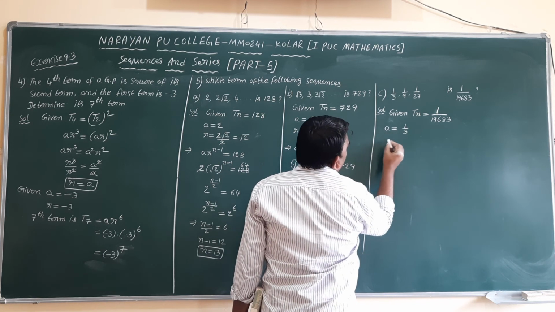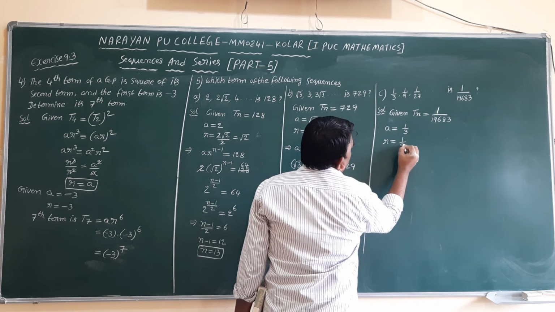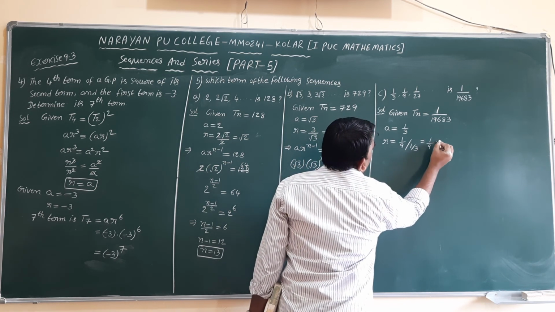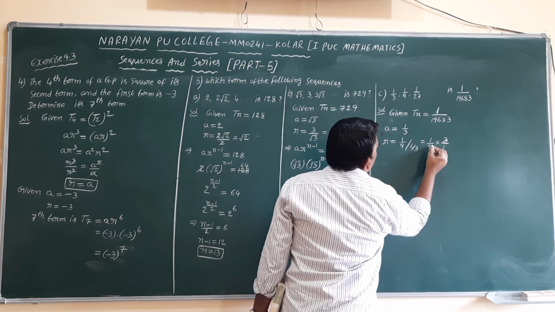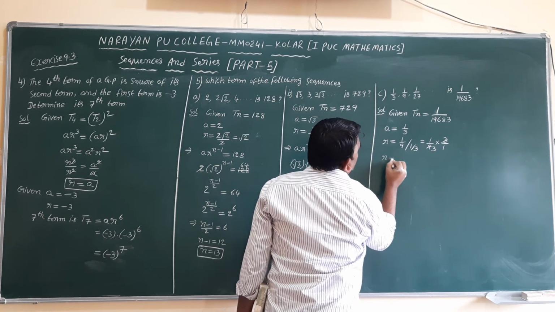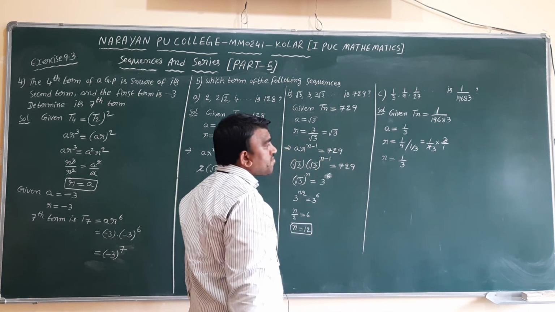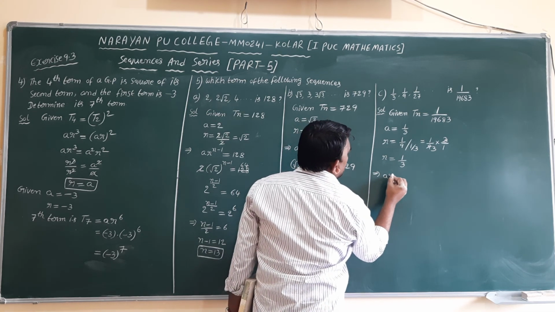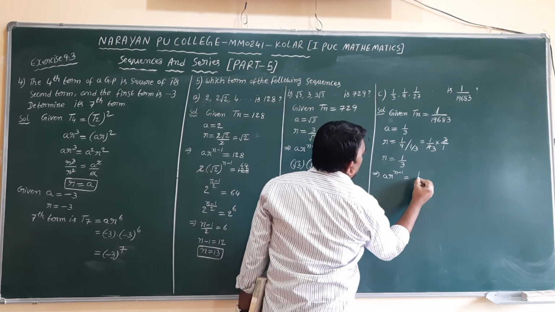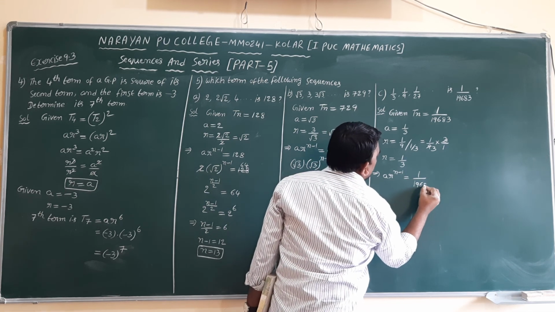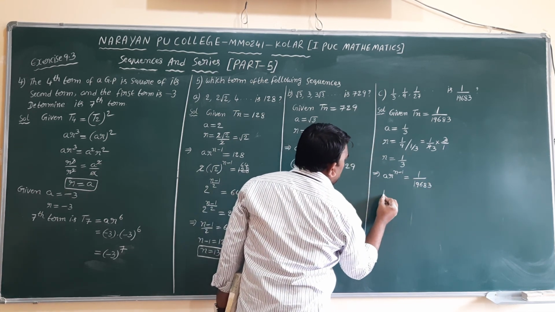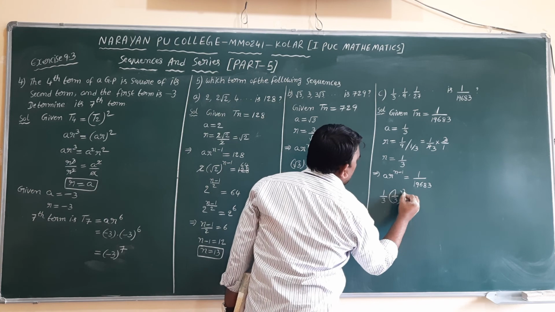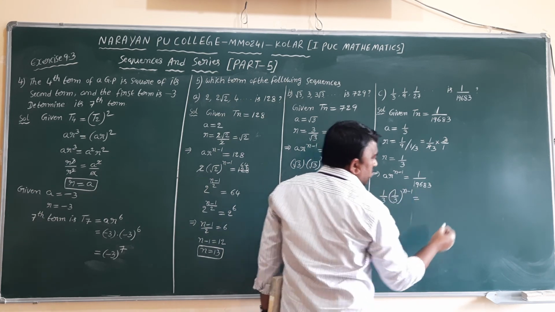A means first term, R common ratio is 1 by 9 divided by 1 by 3. That we can write as 1 by 9 into 3 by 1. 3 times cancel. R value also 1 by 3. So ratio we know, first term we know. Tn is AR power n minus 1 is equal to 1 by 19683. So A value 1 by 3, R value 1 by 3 whole power n minus 1 is equal to 1 by 19683.